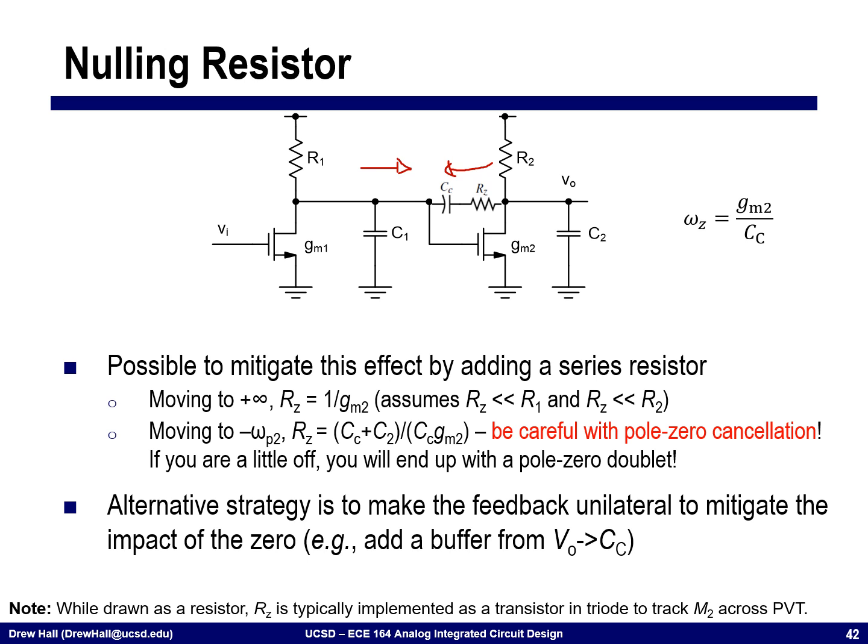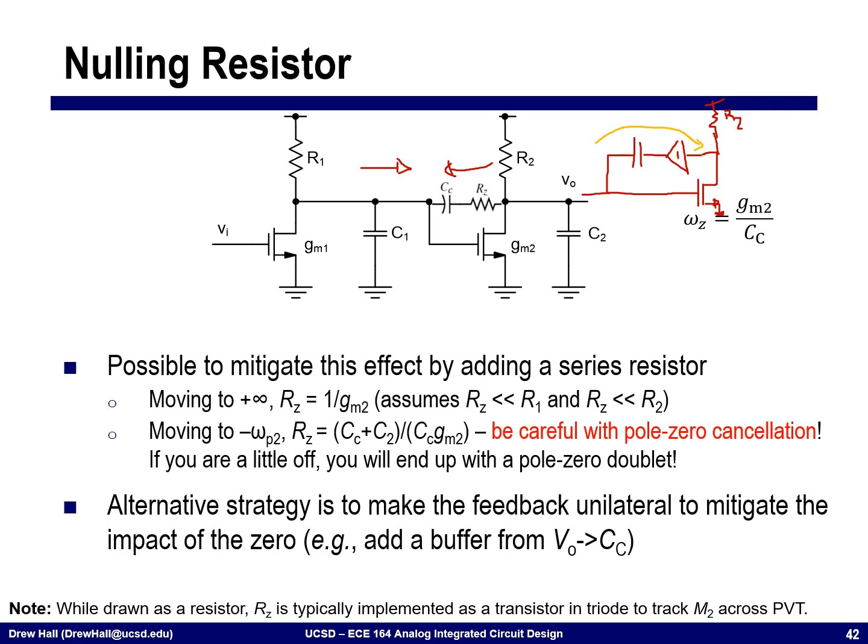One way of making this unilateral is to have this capacitor CC connected to a voltage buffer, and now there's no way that signal flows like this.